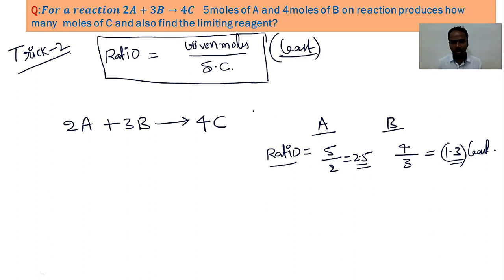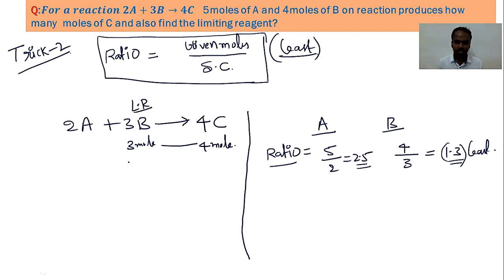Once you find the limiting reagent, you can easily calculate the number of moles of C produced. Here B is the limiting reagent. So 3 moles of B can produce 4 moles of C. The moles given in the numerical is 4. 4 moles of B can produce how many moles of C?